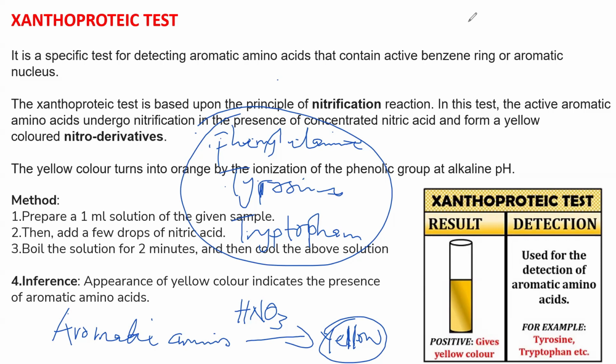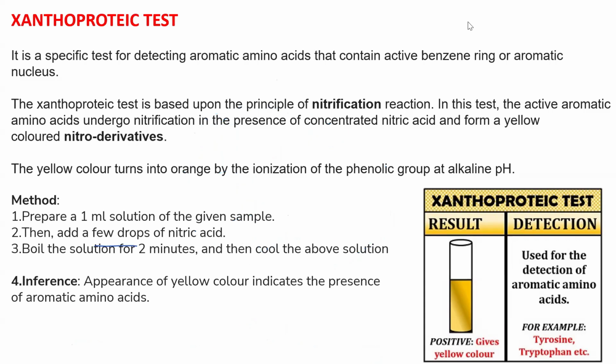The appearance of a yellow color indicates the presence of an aromatic amino acid, such as tyrosine and tryptophan. So this type of test is specific for aromatic amino acids.